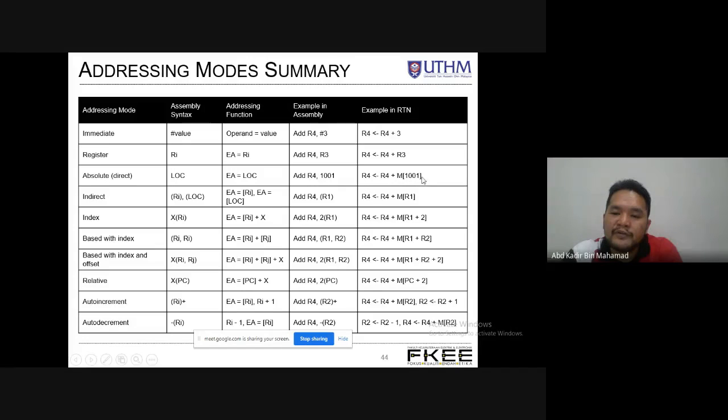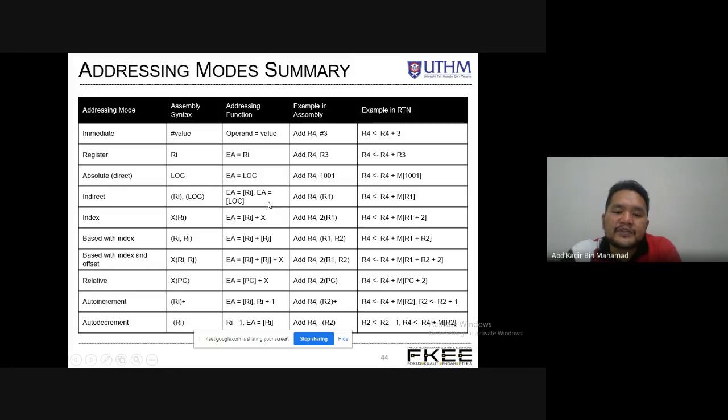Sorry, you have to check what is the value at memory 1001. For example, at memory 1001 the value is A, plus R4. What is the value at R4? A. So A plus A, then you store at R4.